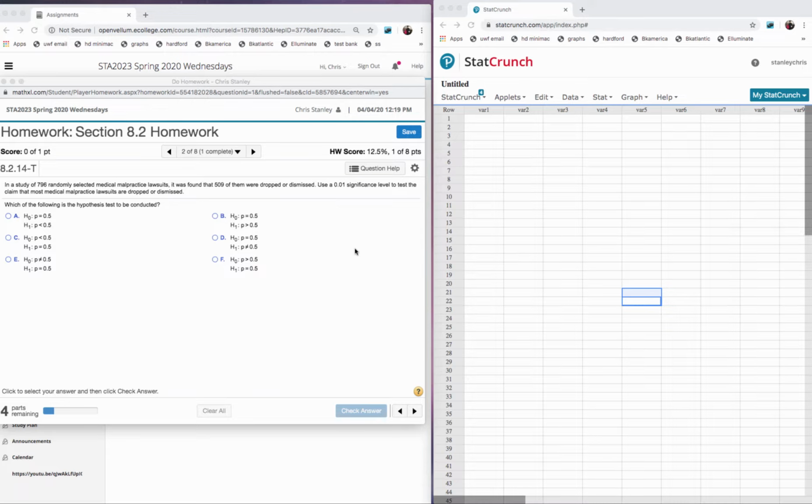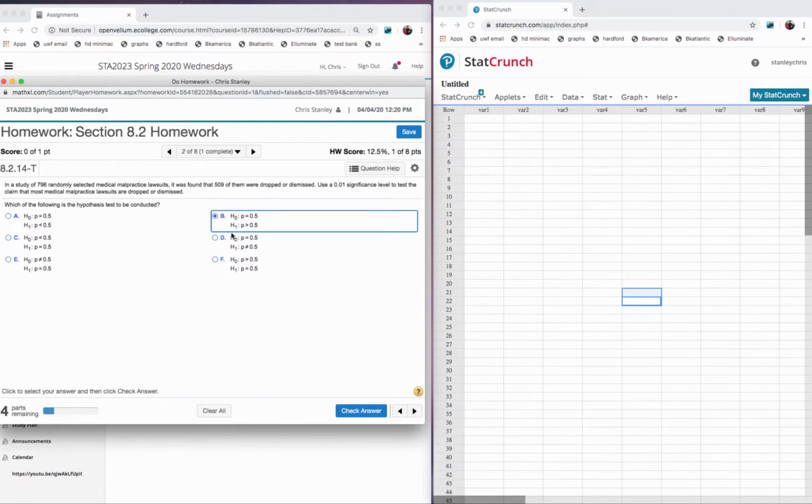Okay, so they did this study and it says test the claim that most medical malpractice lawsuits are dropped. Most are dropped. Since it says most, that's going to be a greater in the alternative. So that's the only greater one. So that's it right there.